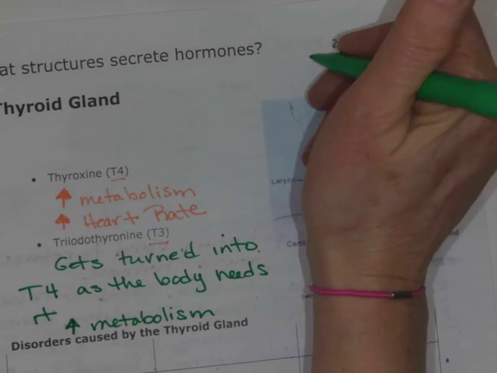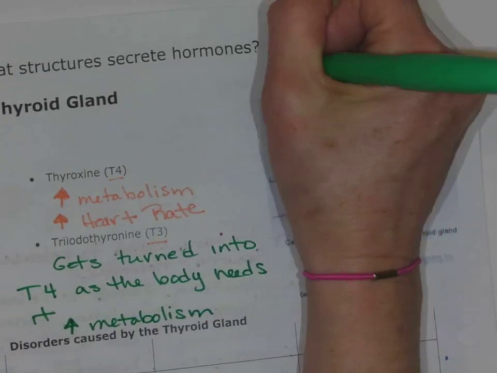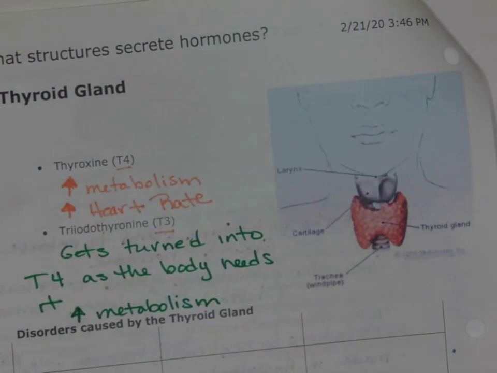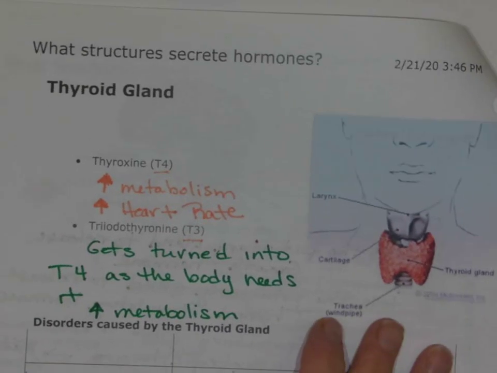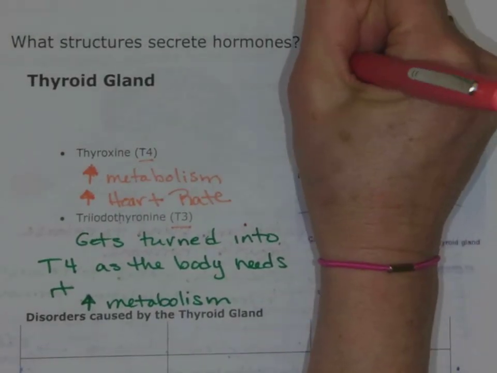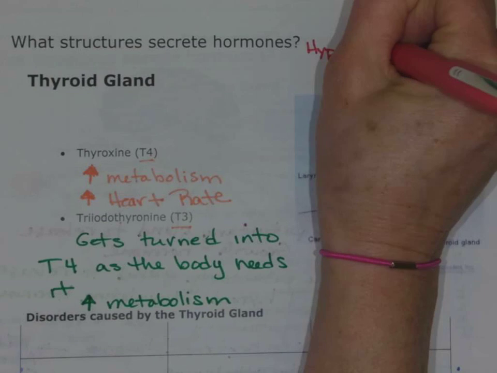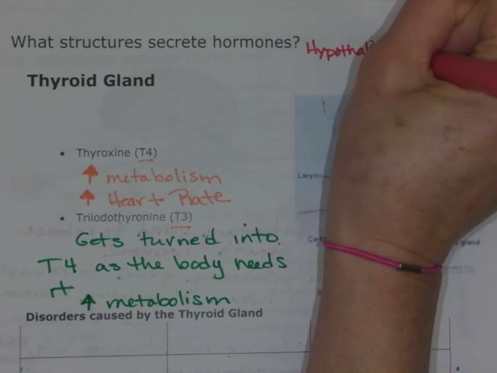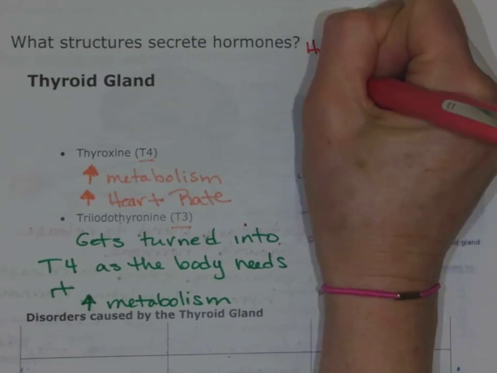So the stimulus, remember, is going to start all the way up in the hypothalamus. So we're going to start up in that hypothalamus. It's going to release TRH.